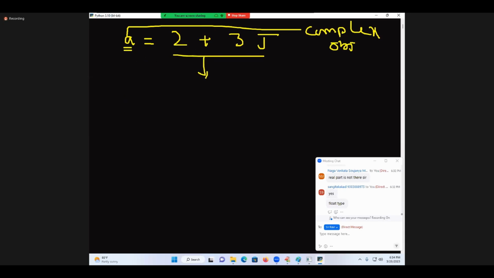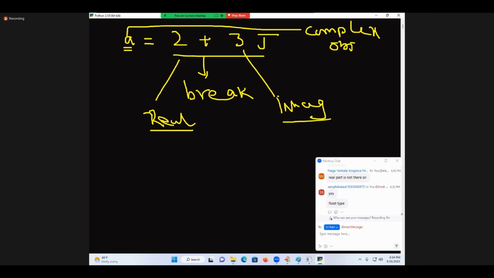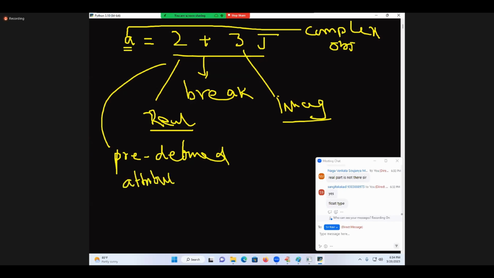I want to get the real part separated and the imaginary part separated. In order to separate this real part and imaginary part, we have predefined attributes. First time you are coming across the word in the class, predefined attributes are there in Python, that are also known as what?